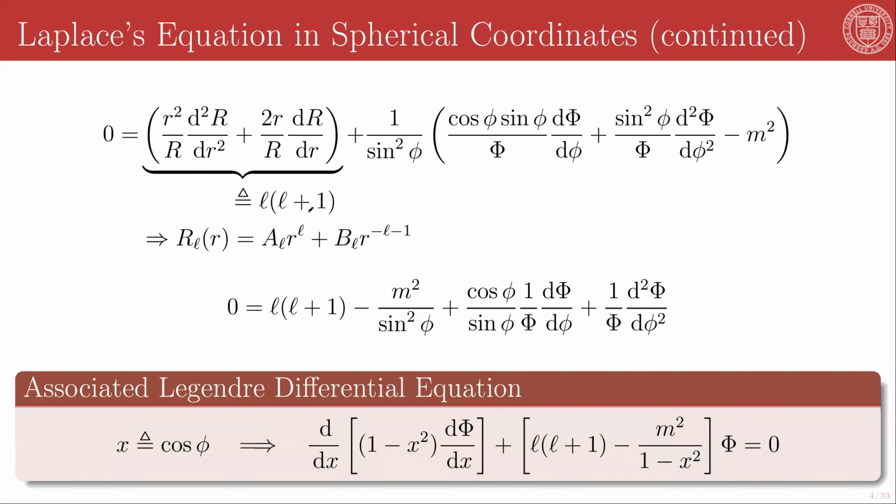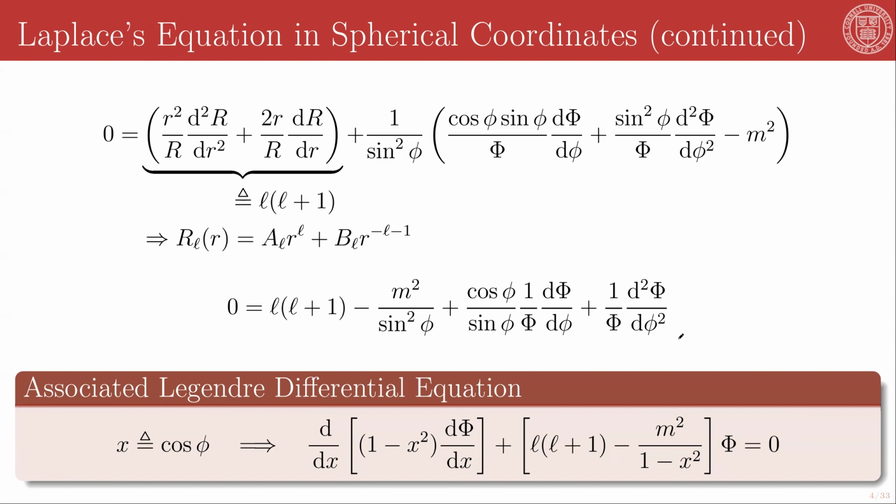Plugging in this separation constant to replace these two terms, Laplace's equation in spherical coordinates is now 0 is equal to l times l plus 1 minus m squared over sine squared phi, it's this term here, plus all of the remaining terms in the phi function.